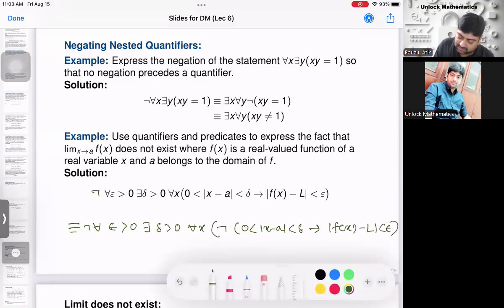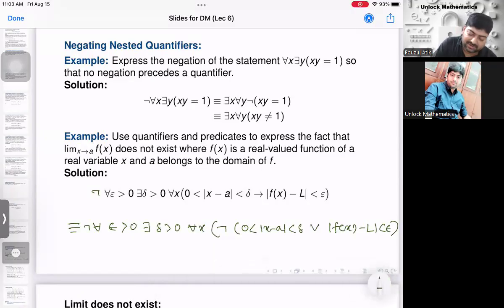This is the OR operator. So what we have done is P imply Q was equivalent to not P or Q. But whenever this negation appears here, I'll just do it one more time.